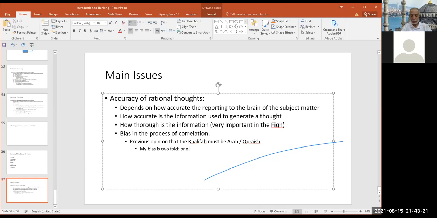One, thinking that this is an Islamic opinion, and secondly, because of some nationalistic feelings in me.